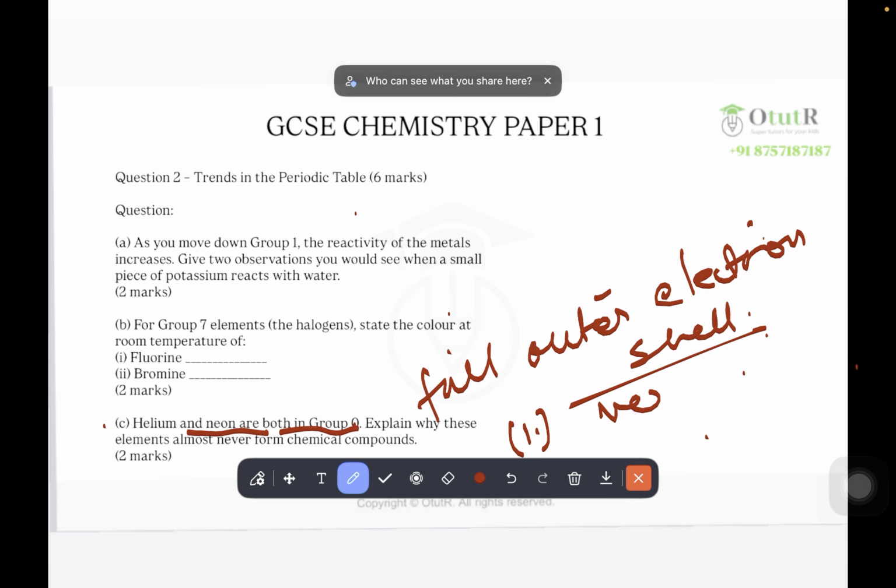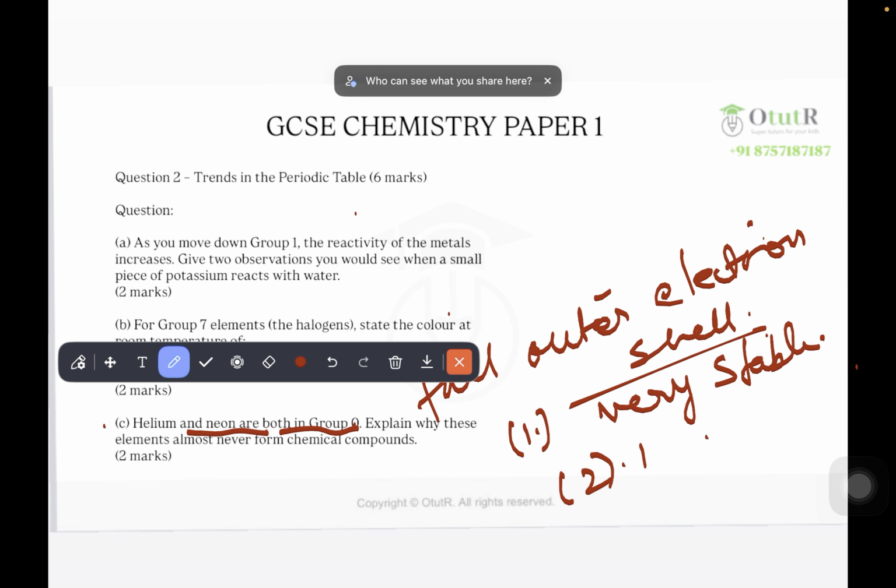And this makes them very stable. 2 mark question, very stable. And they have no tendency to gain or lose or share electrons, and therefore they never form chemical compounds.